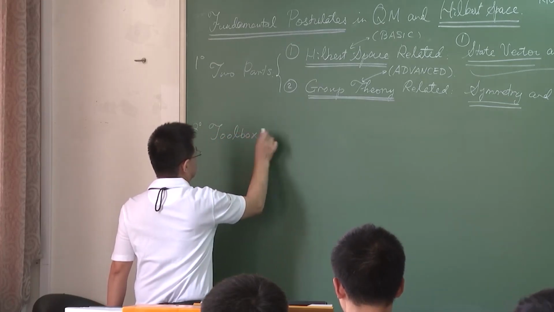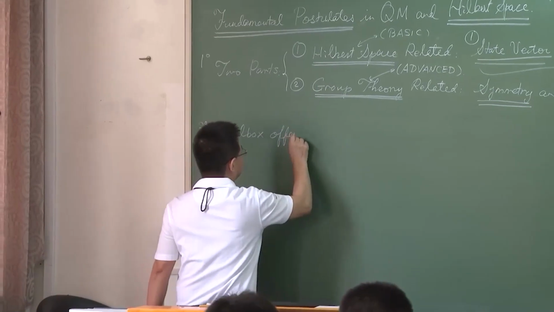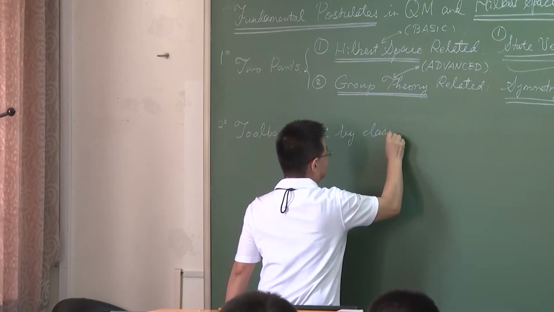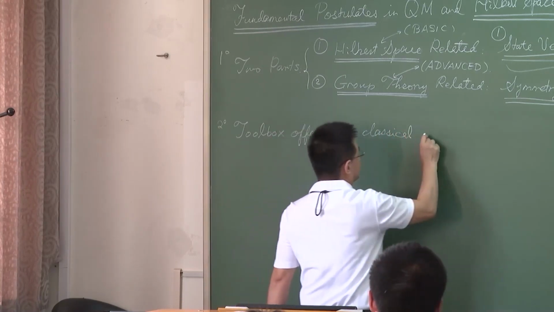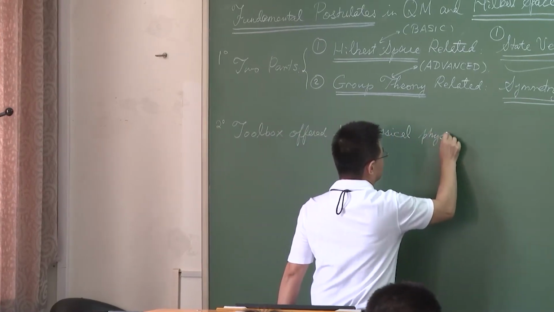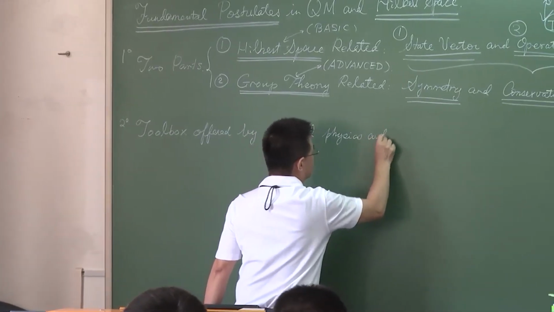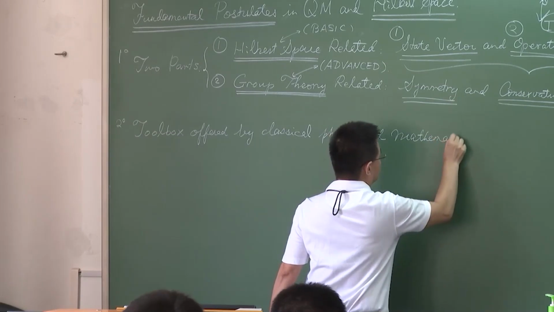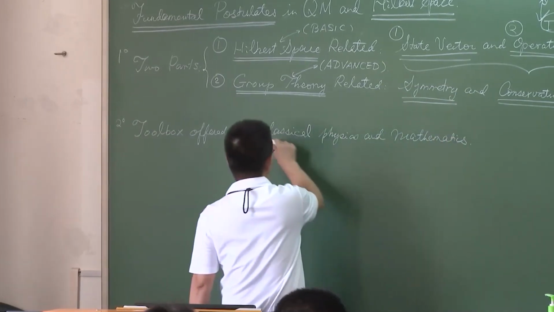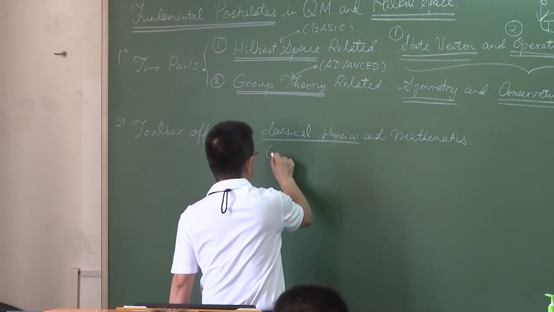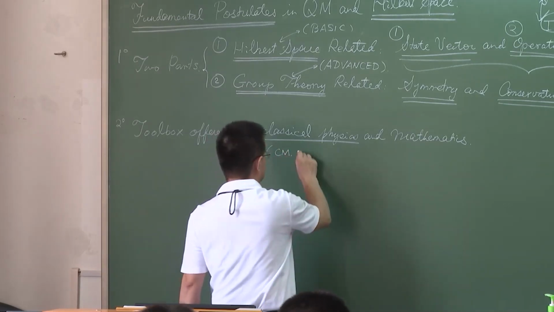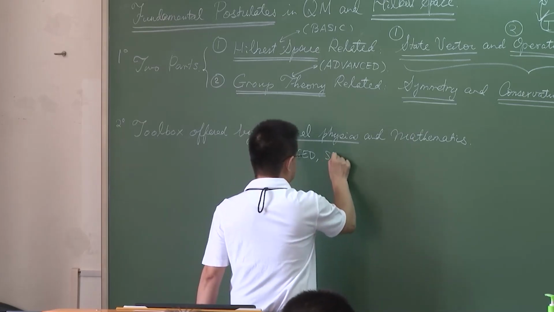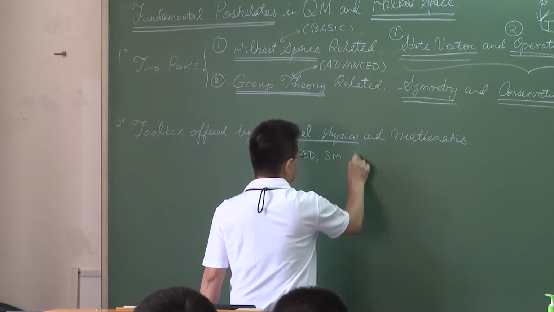We have the toolbox offered by classical physics and mathematics. Classical physics means that we have classical mechanics, classical electrodynamics, statistical mechanics, and so on.